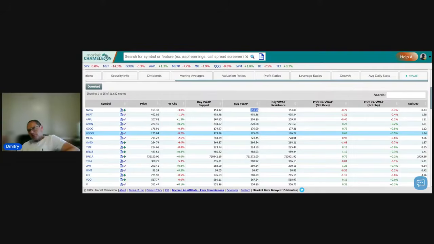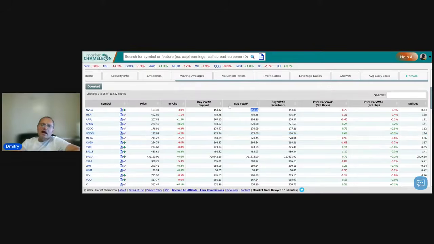The VWAP could be getting pulled up or pulled down throughout the day, and there are trades around it. So what range does the stock move in around the VWAP? That's where we look at the standard deviations. We look at the standard deviation of the movements around the VWAP to get an idea of the range it's moving in.